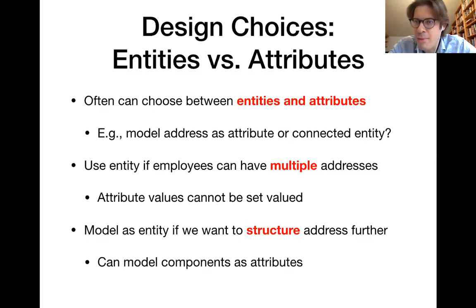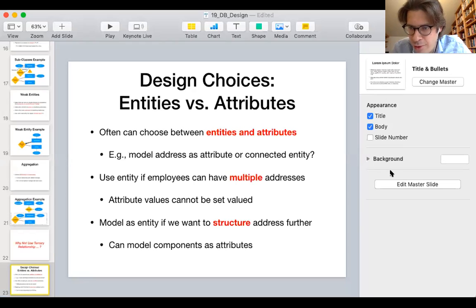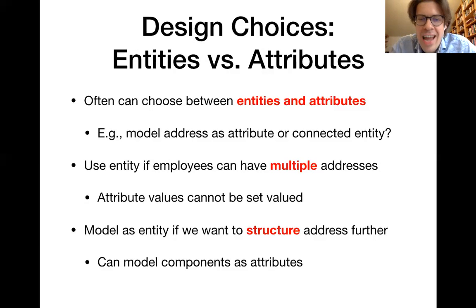For instance, if you think about an address, you can either consider introducing an address entity, or you can consider this rather as an attribute of an existing entity, like of an employee.